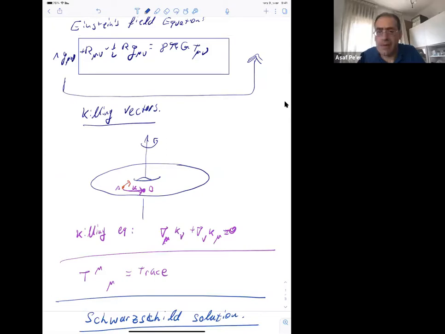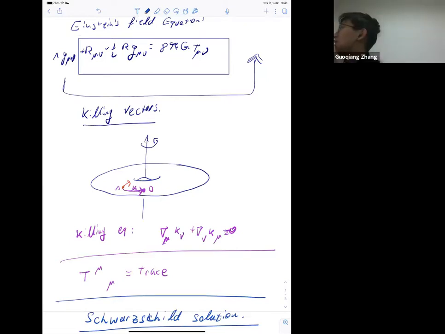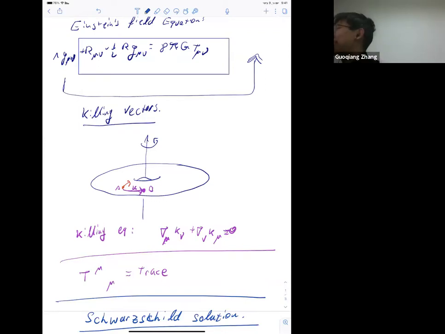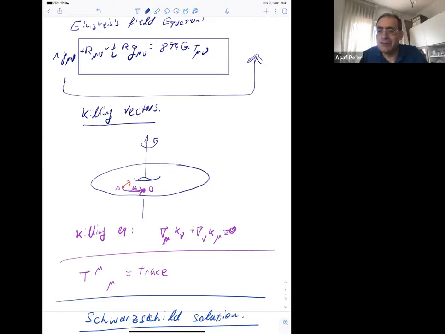There is a solution which you know. Black hole? No, we did not say anything about black holes. Come on, solutions and equation, you know.